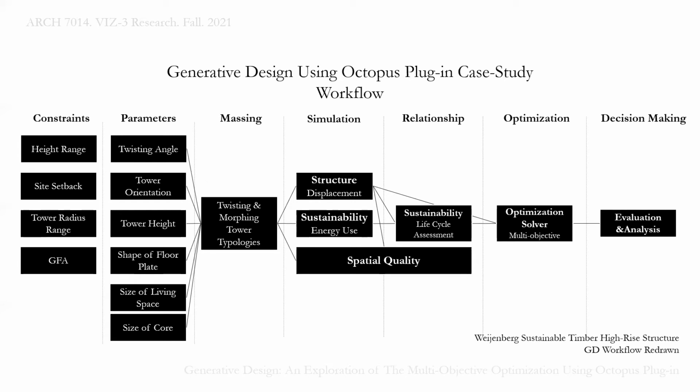So we need a multi-objective optimization solver in order to plug in all of this information and feed the system with all of these parameters, constraints, and objectives, and then come up with a solution to reach the final stage of decision making, evaluation and analysis that will be part of the human component.